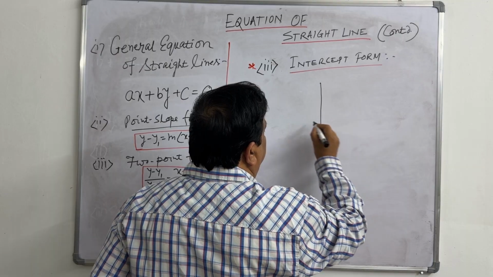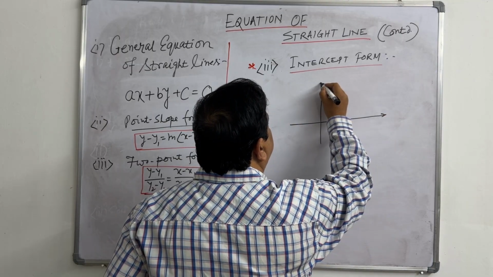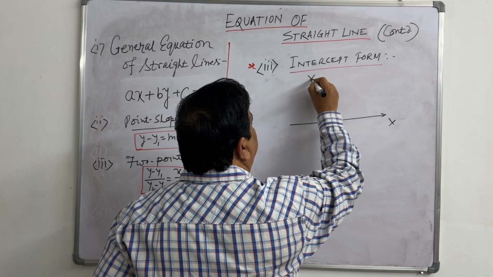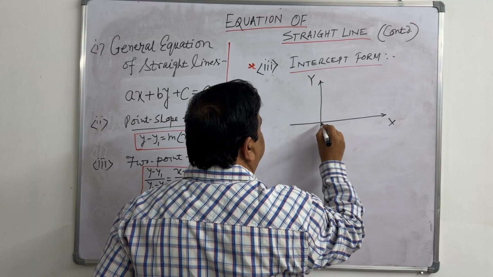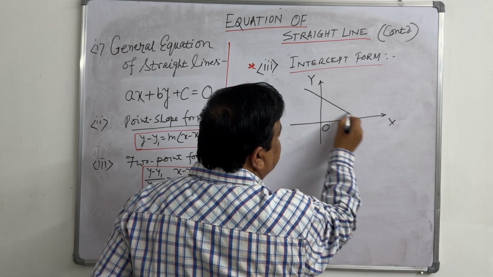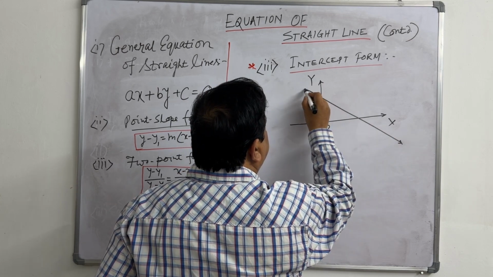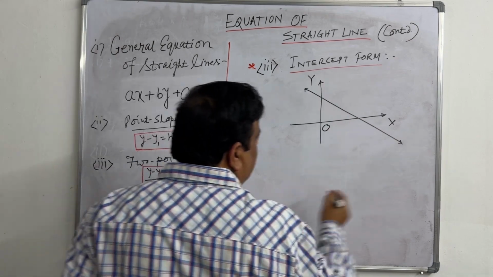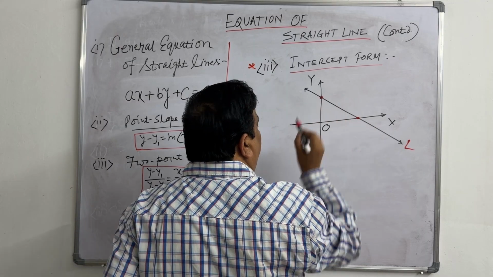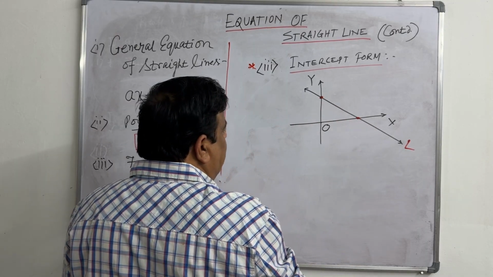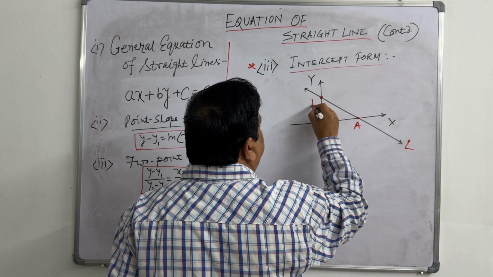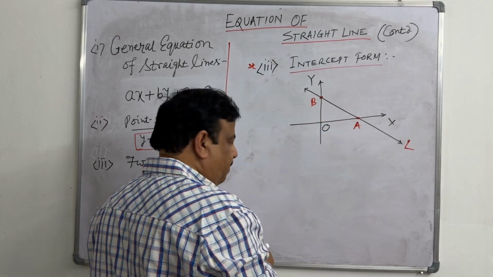Draw the Cartesian coordinate system. This is x-axis, this is y-axis, and here is your origin. Say this is any line L. It has cut the x-axis and y-axis at some points, say A and B respectively.